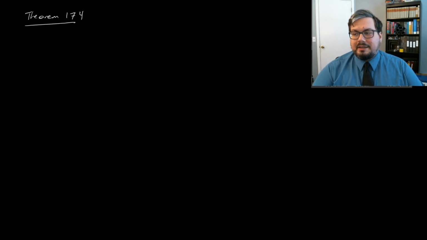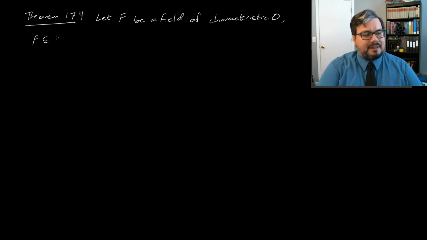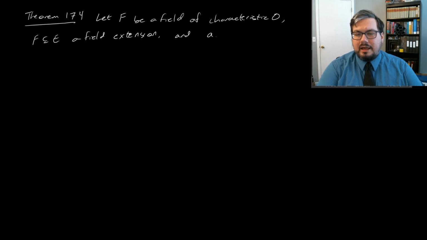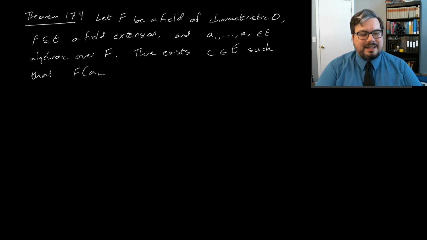Theorem 174 is the following. Let F be a field of characteristic 0, F contained in E a field extension, and a1 through an contained in E, algebraic over F. There exists c in E such that the smallest subfield of E containing F and a1 through an is simply equal to the smallest field containing F and c.